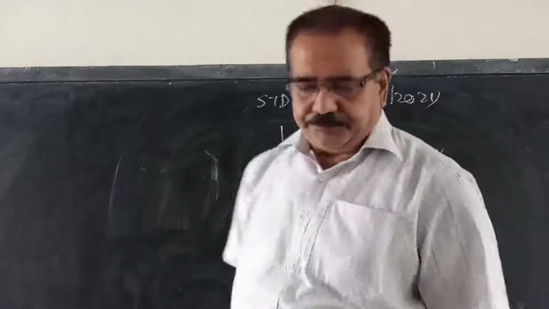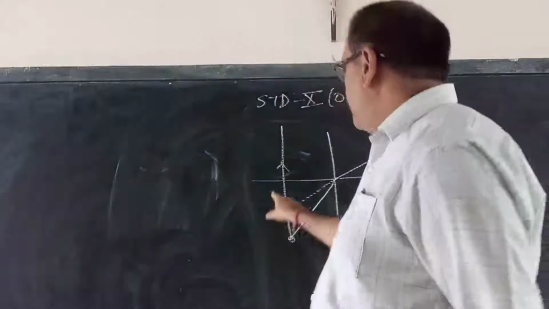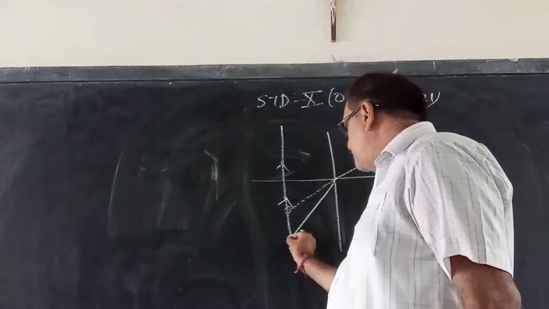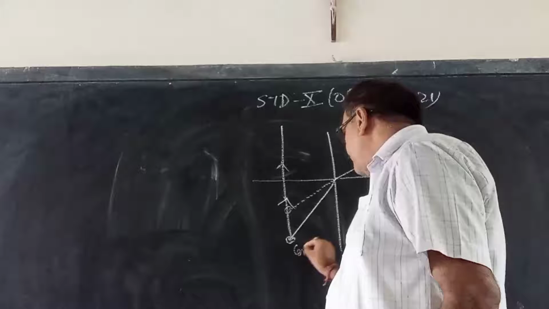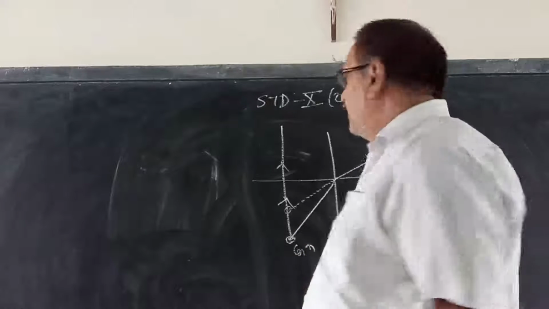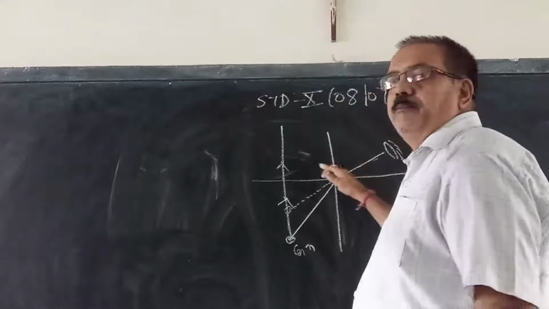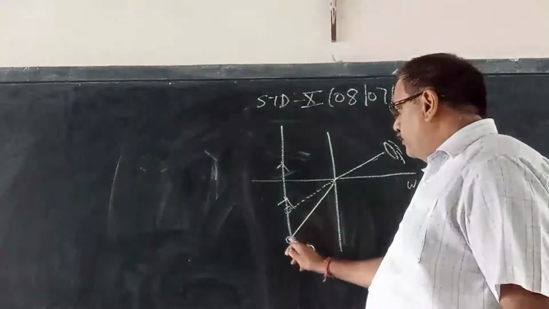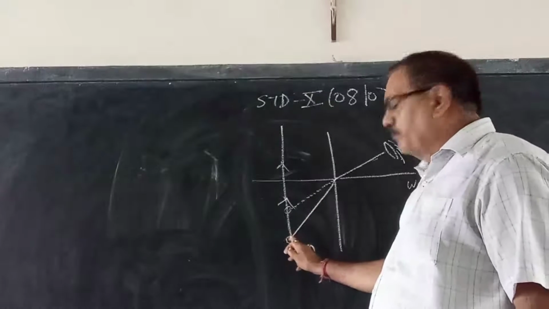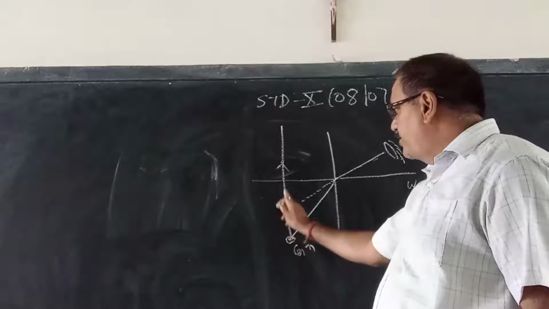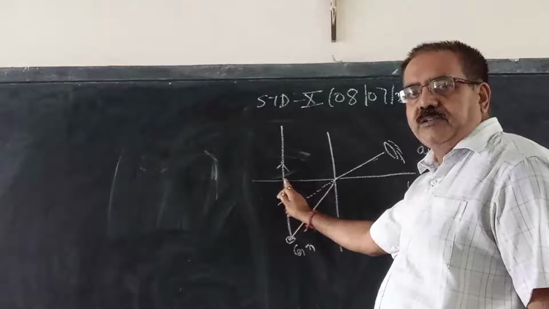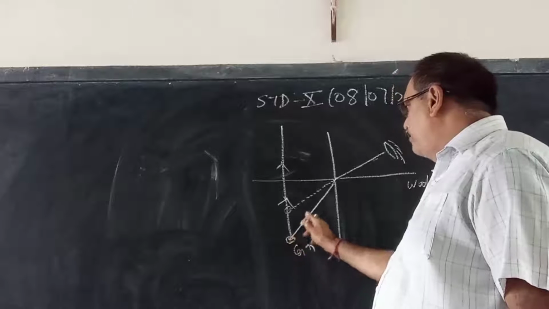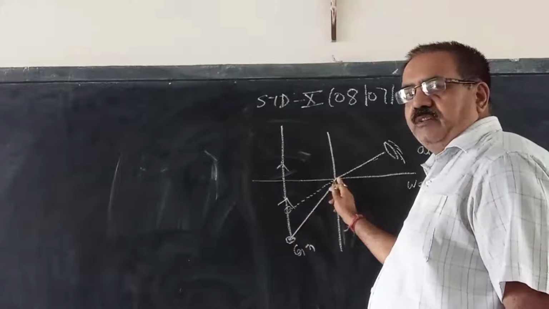Once again, see here. This is the separating surface. A coin is placed inside the water and the person sees it from the air. I have taken two rays from the same point of the coin. One ray strikes normally on the separating surface, so it passes undeviated, and the other ray from the same point strikes here.